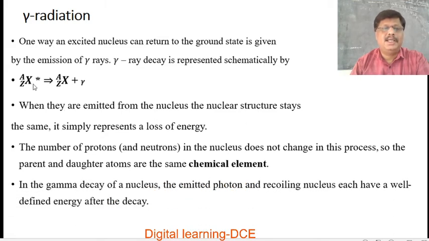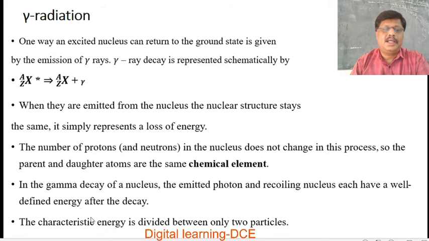ZXA star, ZXA. The star indicates that this nucleus is in an excited state and it comes to the ground state by emitting the gamma radiation. In the gamma decay of the nucleus, the emitted photon and recoil nucleus each have a well-defined energy after the decay. The characteristic energy is divided between only two particles.